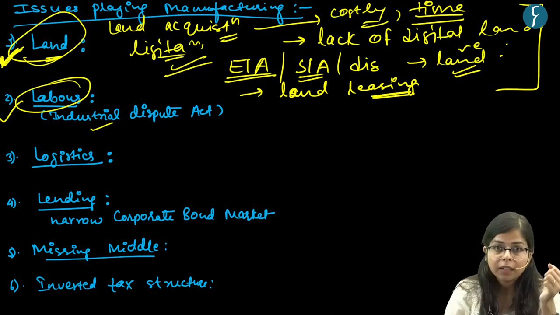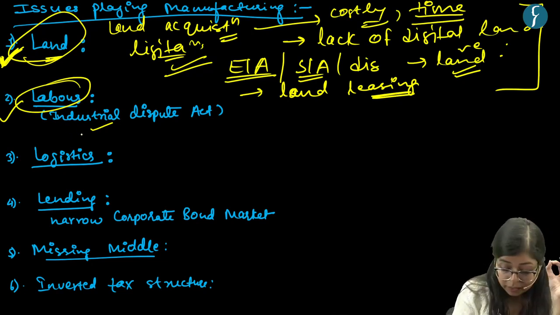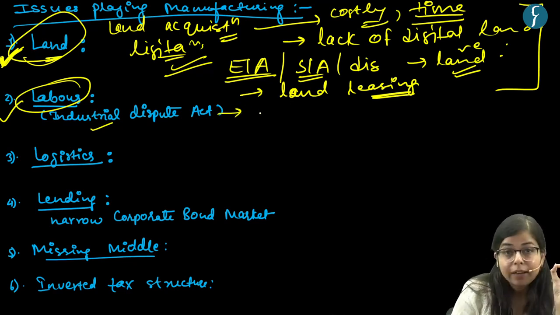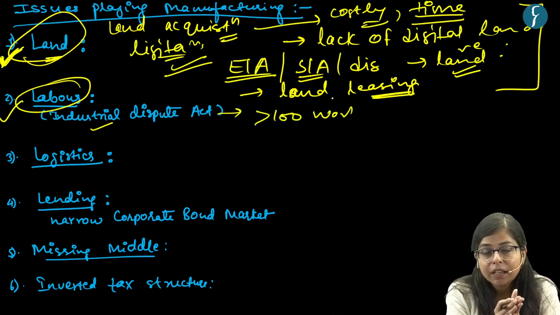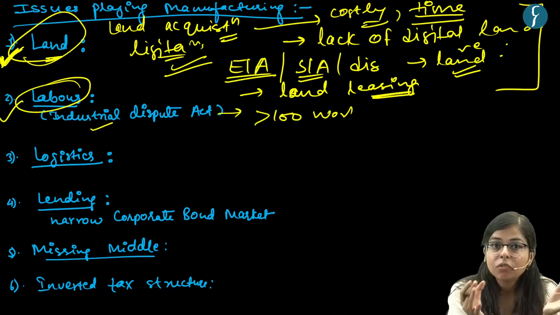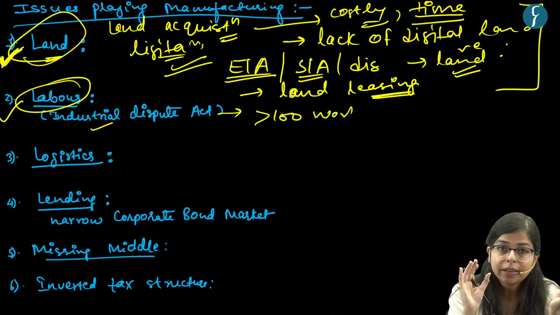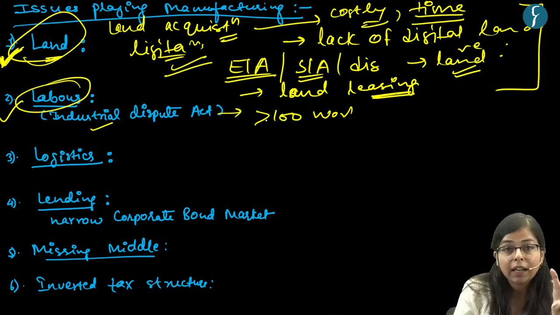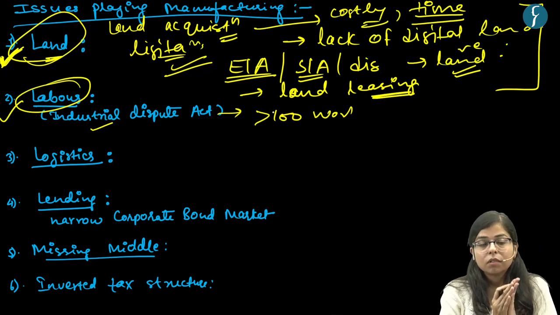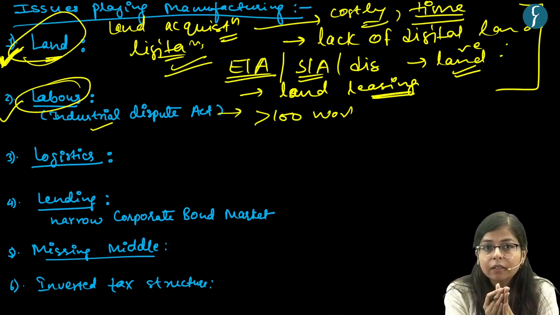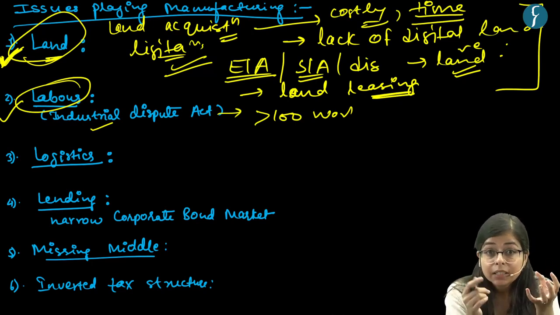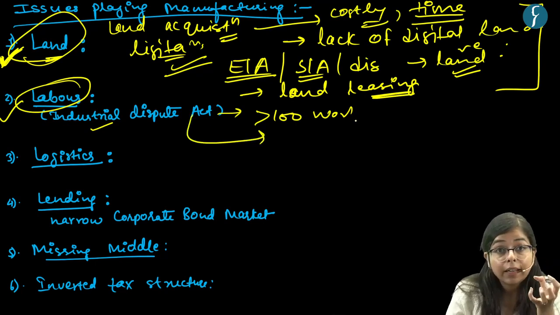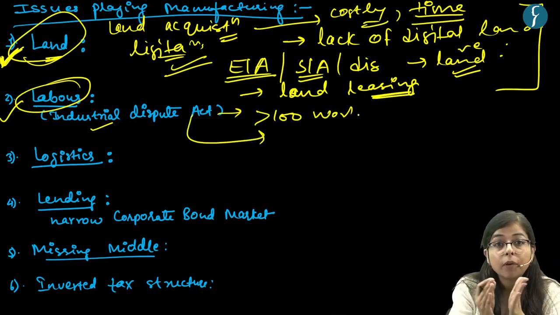Now this can be understood by one example: in the Industrial Disputes Act, there was a provision that any company with more than 100 workers, in order to lay off these workers, has to take permission from the state government, right? So this was the requirement for a company to lay off its workers. In that case, because it is not able to fire or lay off those workers, that company or any other company would not undertake formal contracts or formal employment.